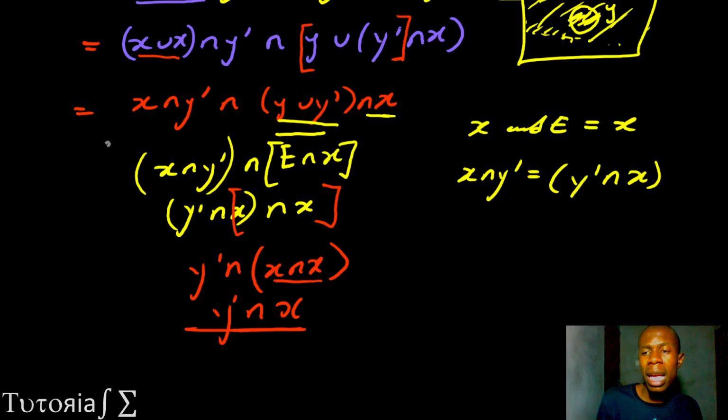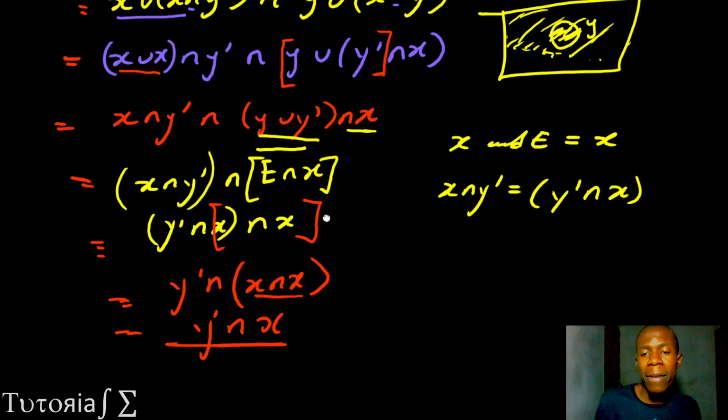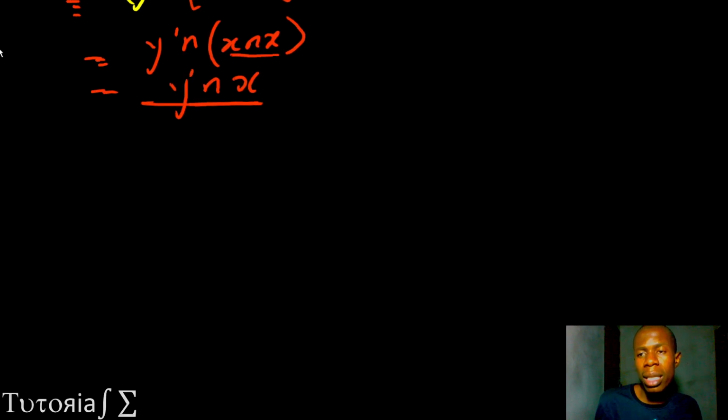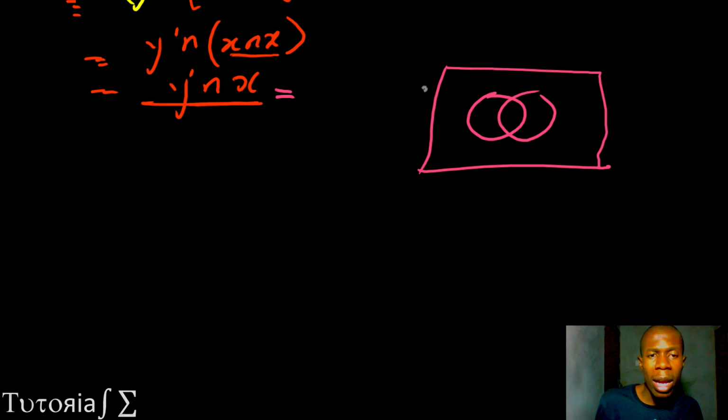So basically, all that we've been doing here is just simplifying y prime intersection x. Further, you should also know that y prime intersection x is equal to, let me just give you a visual of this, then you'll be able to see. If this is y and this is x, y prime will be outside of this entire set, including this part here. That would be y prime.